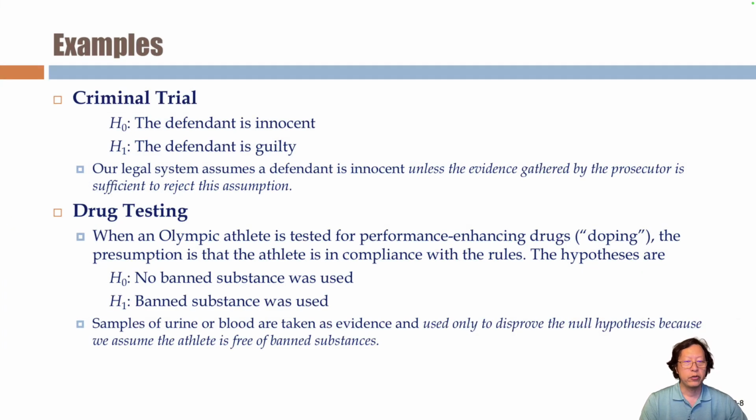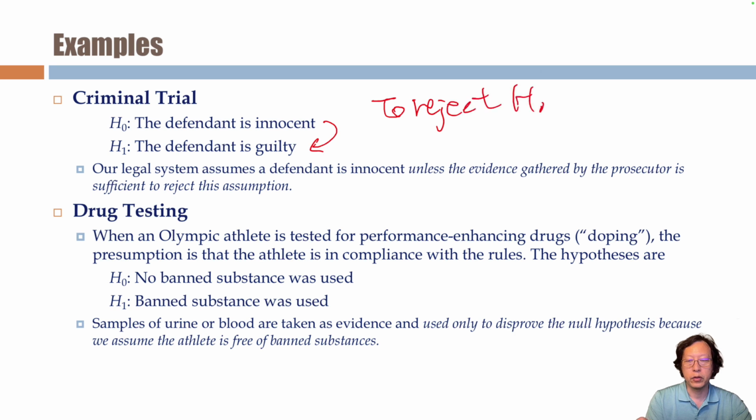A criminal trial is exactly the easy case you can consider. The null hypothesis is the defendant is innocent, and the alternative hypothesis is the defendant is guilty. So even though you are really suspicious that the defendant is guilty, if we don't have strong enough evidence to move from here to here, to reject H0, we need strong evidence.